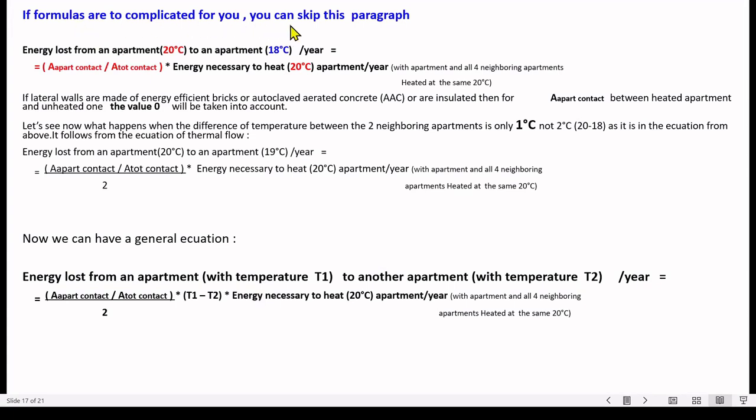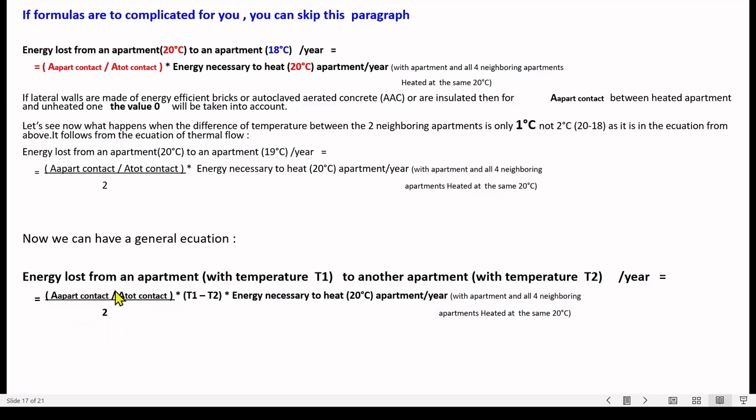If formulas are too complicated, you can skip the paragraph. The person interested can look at it. So, after all, when we discuss the situation between two apartments, and now the temperature is not between 20 and the unheated temperature, but a temperature T1 and another T2, the formula is this one.